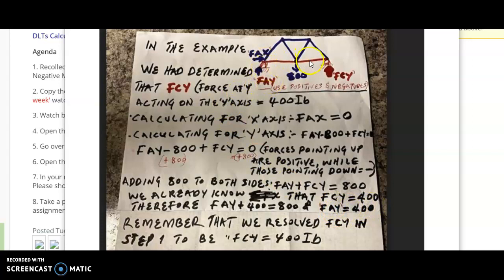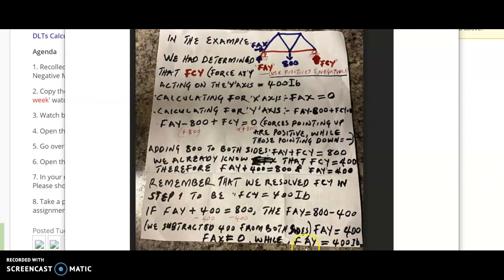So this is 400 and that's 400. From step one, we calculated FCY to be 400 pounds. If FAY plus 400 is equal to 800, subtracting 400 from both sides, then FAY is equal to 800 minus 400, which is equal to 400. So that's the 400 pounds.